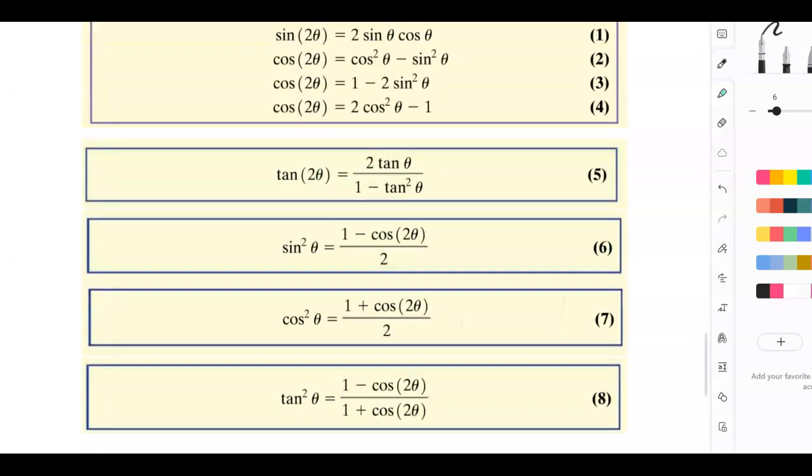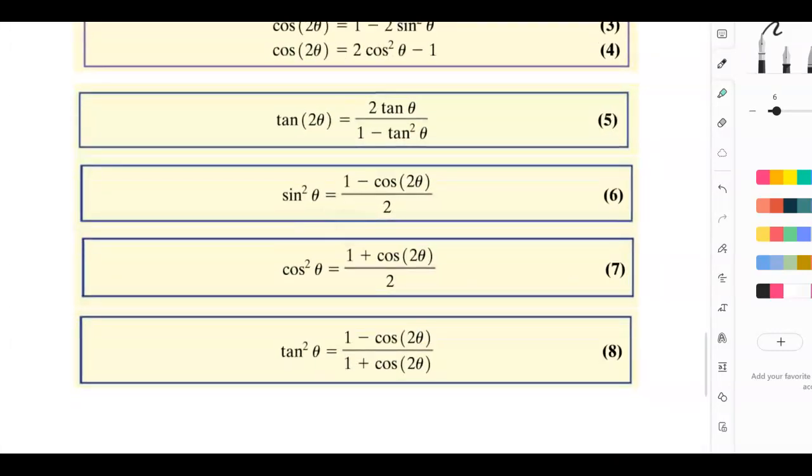The next 3 formulas that we see on our screen are called power reducing formulas. What a power reducing formula does is it reduces the power of the trig function. The first one has an equivalency for sine squared.